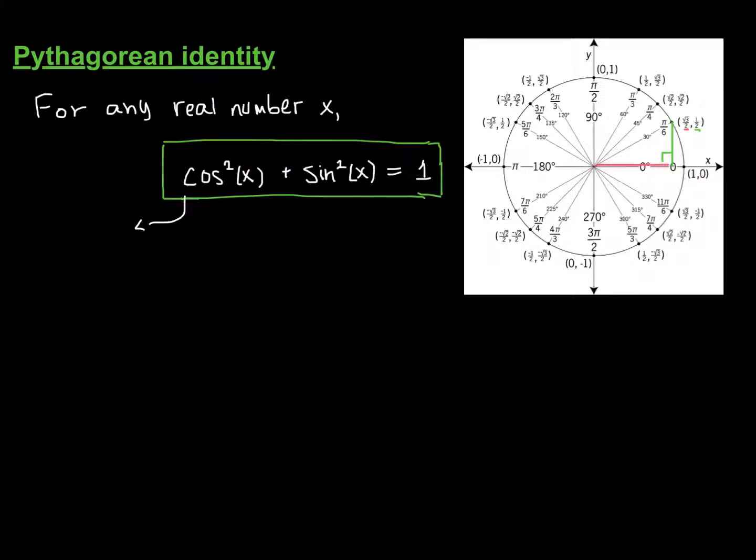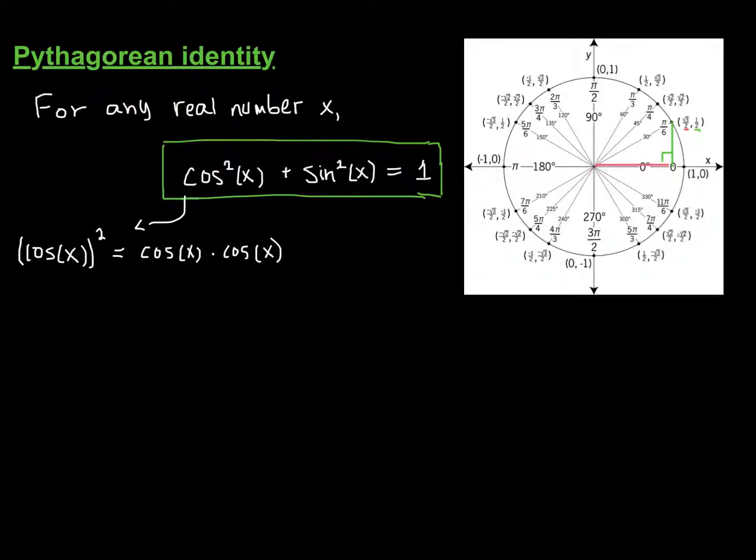So as I wrote it on the previous slide, this is saying find the cosine of x and square it, meaning that you are going to take cosine of x and multiply it by itself. Okay, that's what that means.